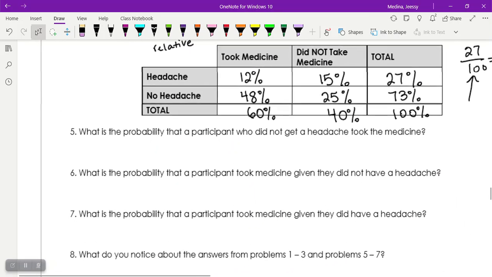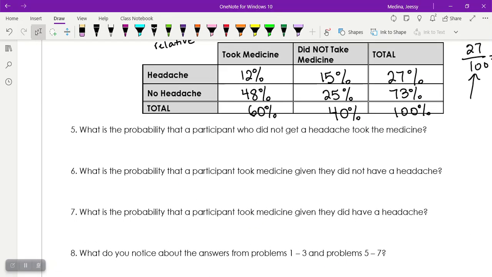All right, back to this one. Now we're using the relative frequency table. What is the probability that a participant who did not get a headache, participant with no headache, took medicine? So are we talking about all the ones that did not get a headache or all the ones that took the medicine? Exactly.